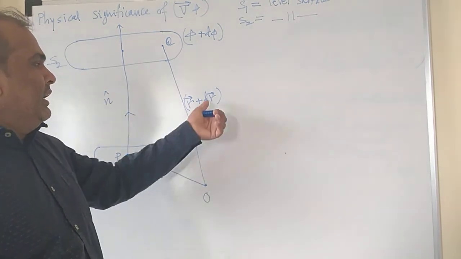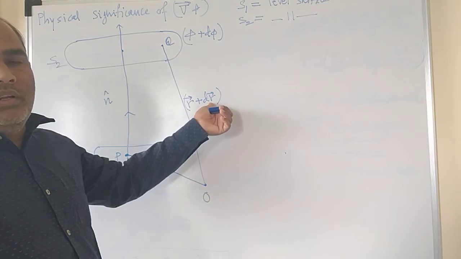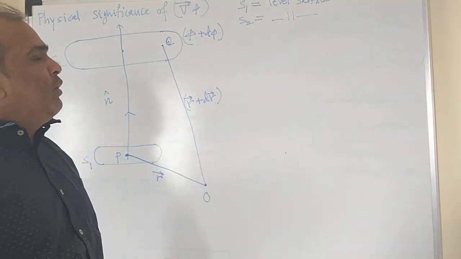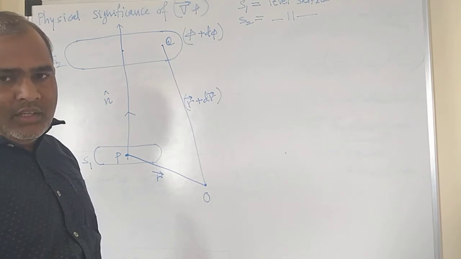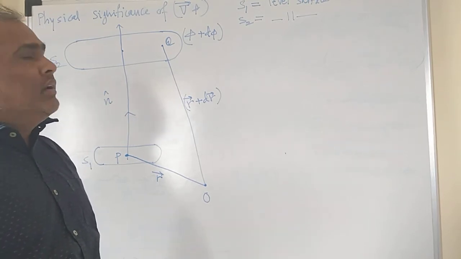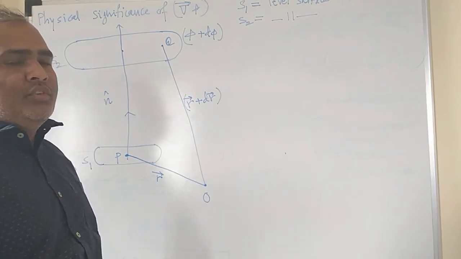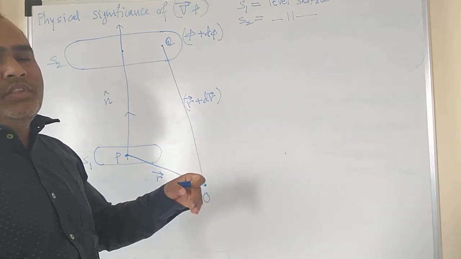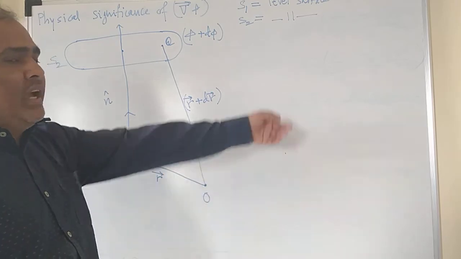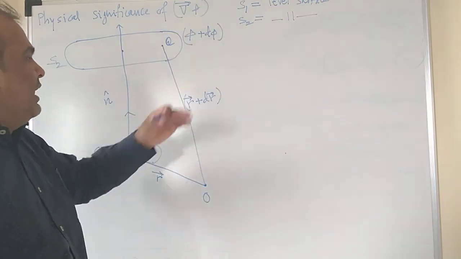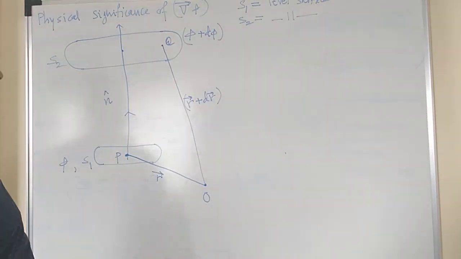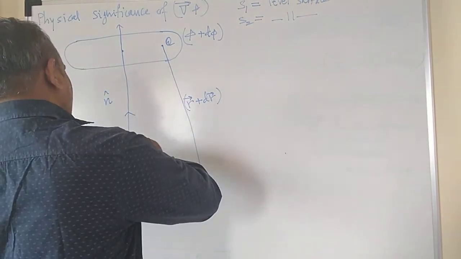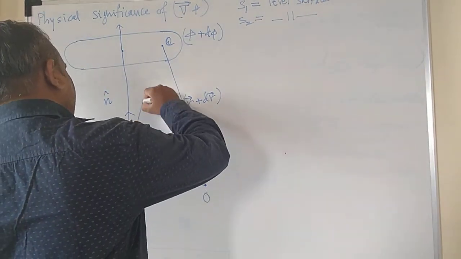Got it? dr is a small infinitesimal change in the position of point Q, as the scalar point function for Q is phi plus d phi, because there is a small infinitesimal change in the scalar point function, and that's why I can represent in this way. Got it? Now by triangle law of vector addition, what will be the value of this?